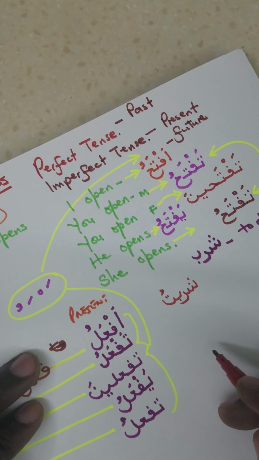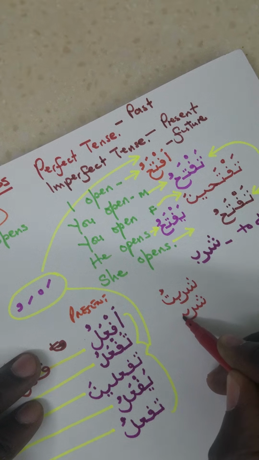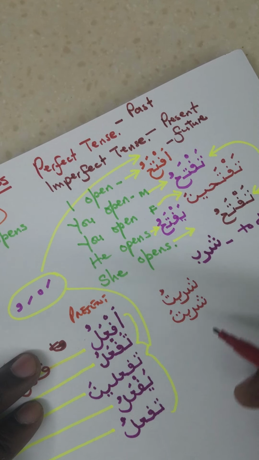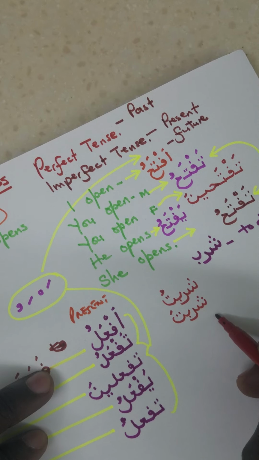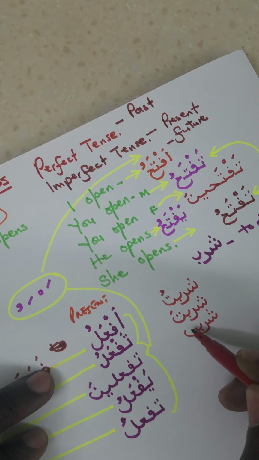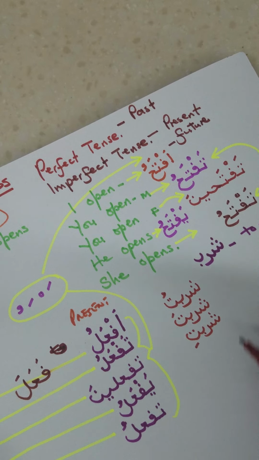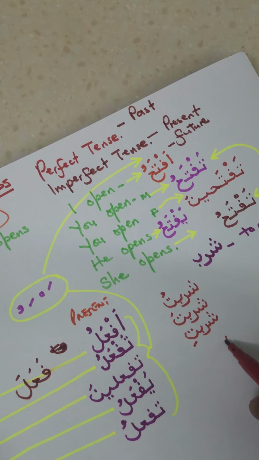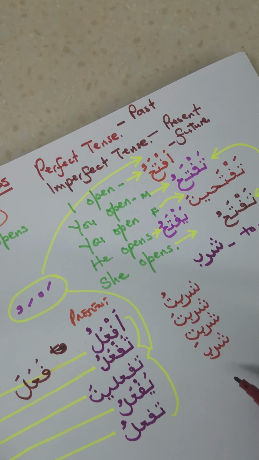You drank, sharibta for male. For female will be sharibti. For male, he drank, shariba. And she drank will be sharibat.